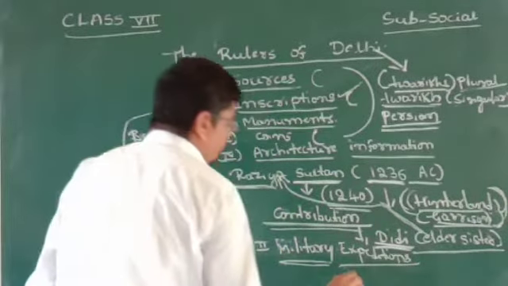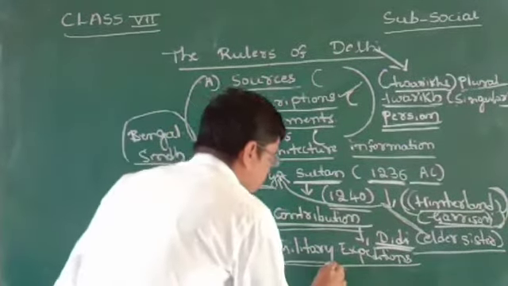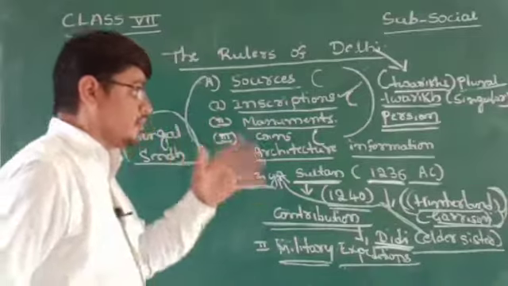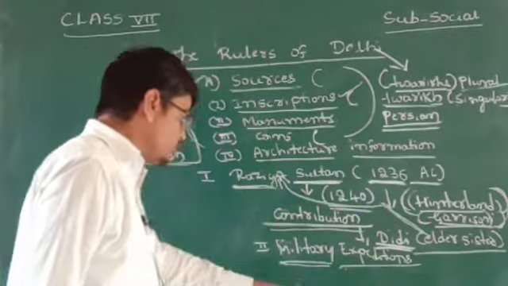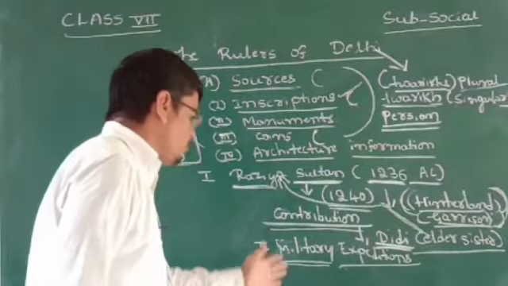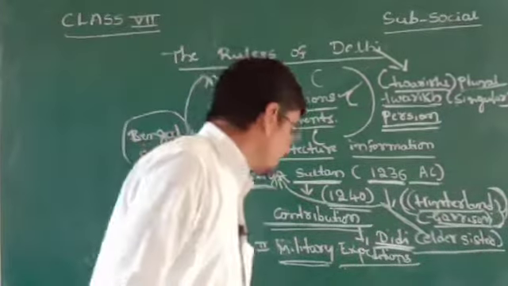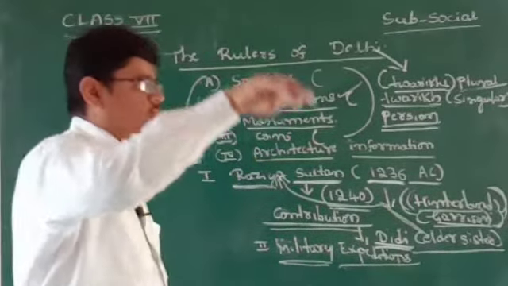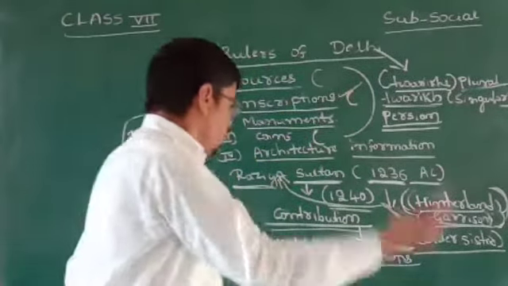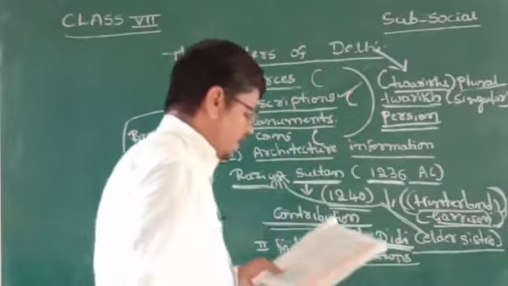The military was very strong. When they faced a hostile situation from others, they would attack them with the help of strong military expeditions and go to war against them.